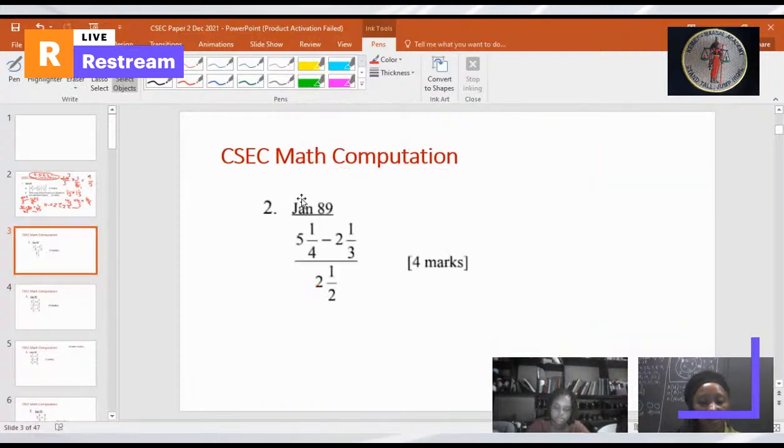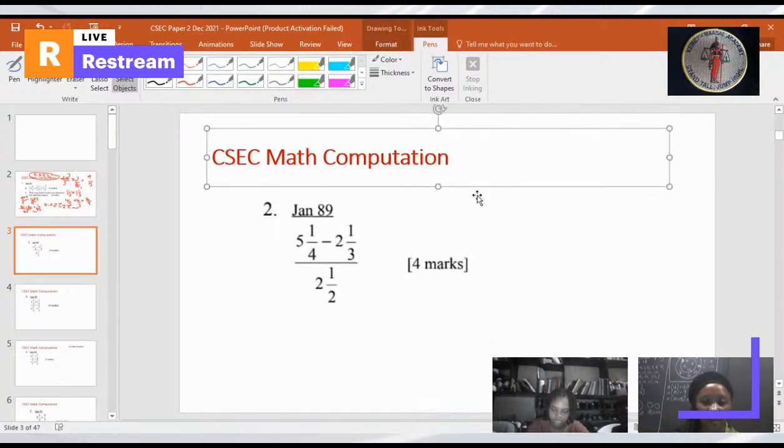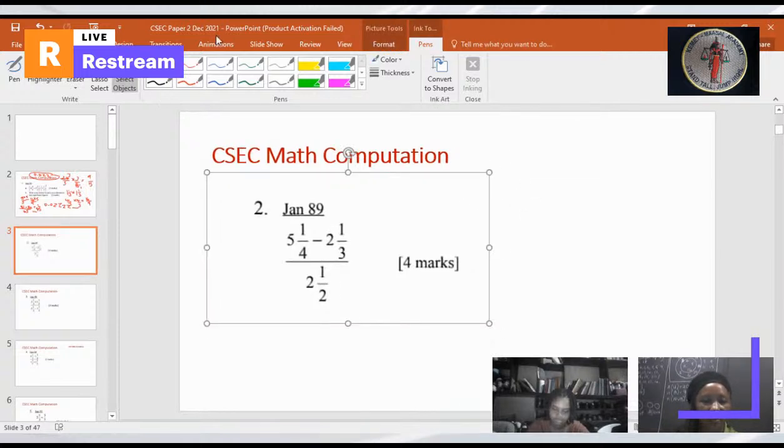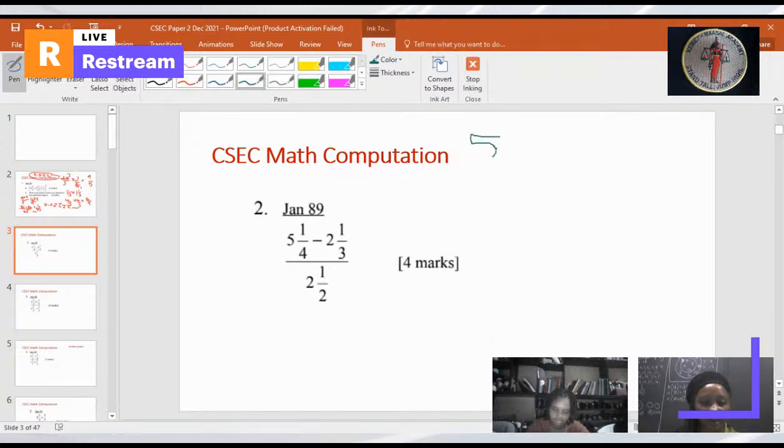Okay, so let's look at the next number. So we have a fraction bar here. We know that we need to work this out first before we divide by this, right? So we're going to work the 5 and a quarter minus 2 and 1/3.